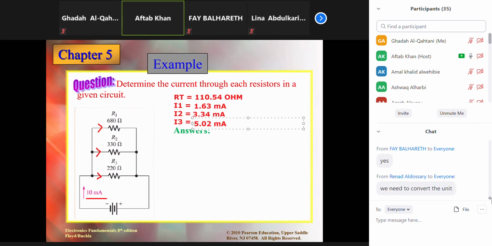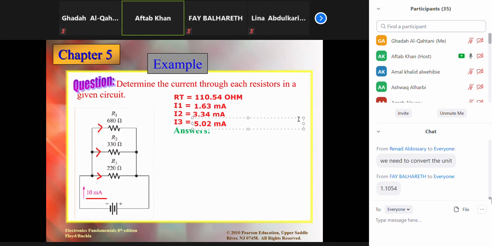Since the beginning, I have been insisting and telling you, but you still have confusion. You need to convert the units. I have already taught you how to convert. Khalas.